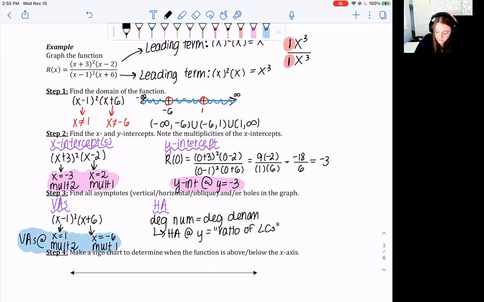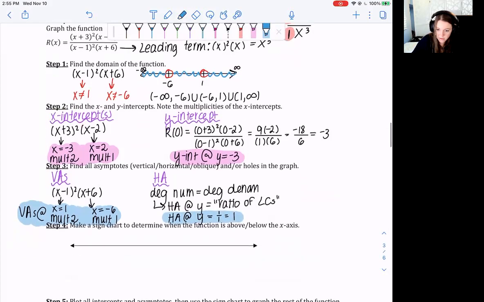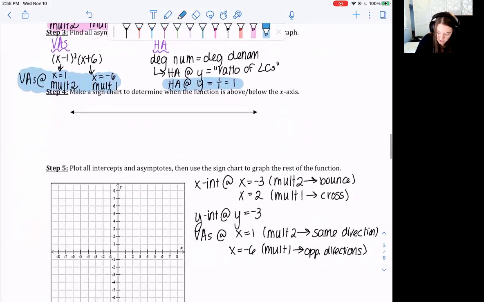So there's a horizontal asymptote at y equals 1 over 1. And that 1 over 1 I'm getting from right here, the leading coefficients. So the horizontal asymptote is at y equals 1. And I will write that right down here. Horizontal asymptote at y equals 1.